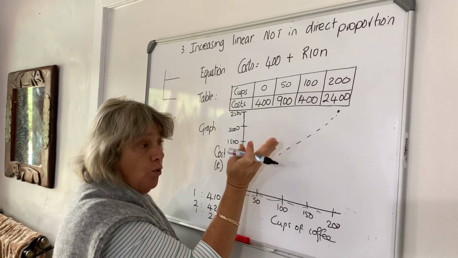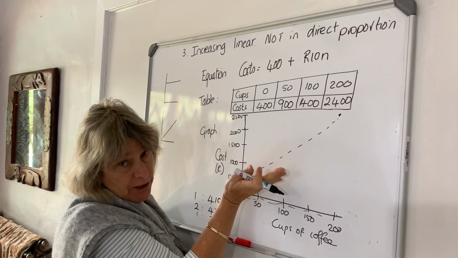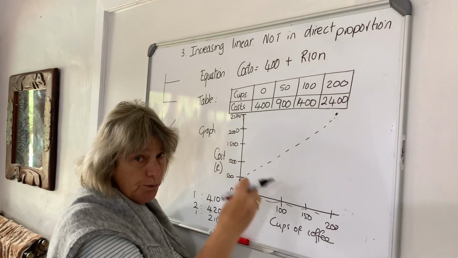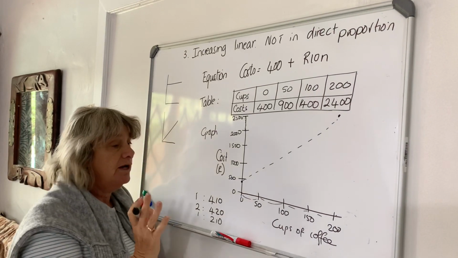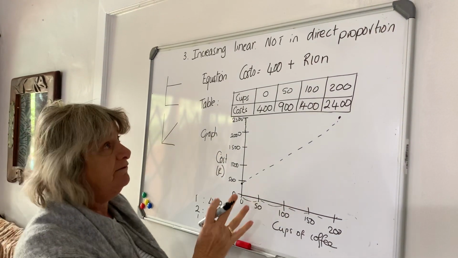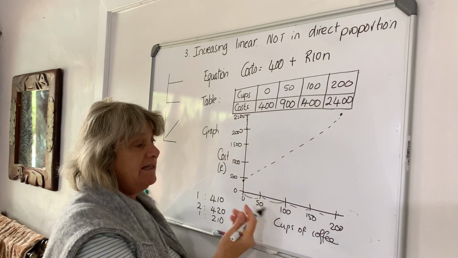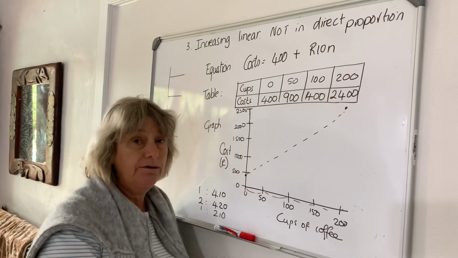If it cost her more per cup, this line would be steeper. If it cost her less per cup, this line would not be as steep. So the variable cost per cup is actually determining the gradient of the line. So if you had to explain why you have selected this particular relationship, you could say there is no constant ratio, but there is a constant increase of 10 Rand.